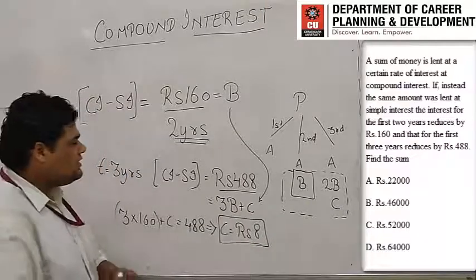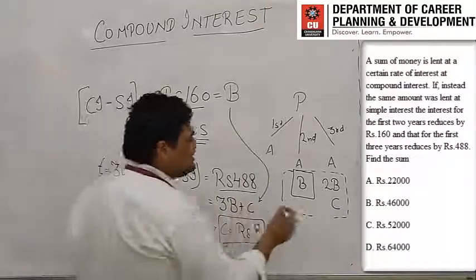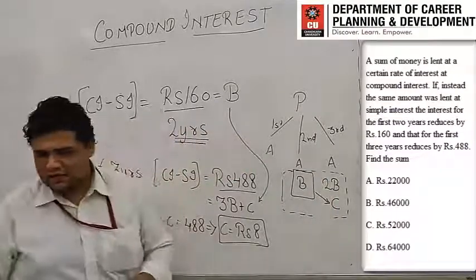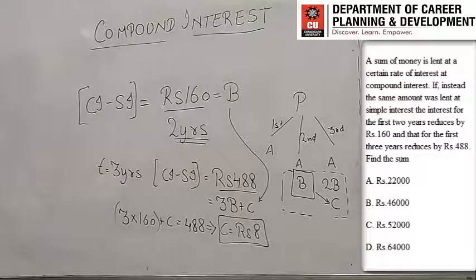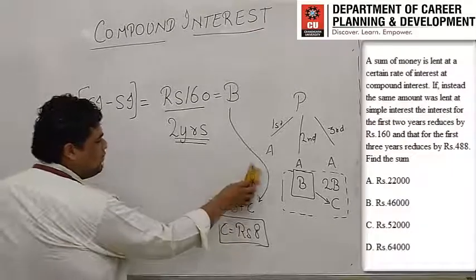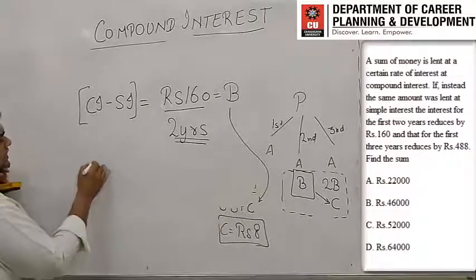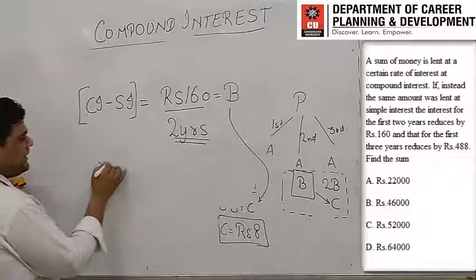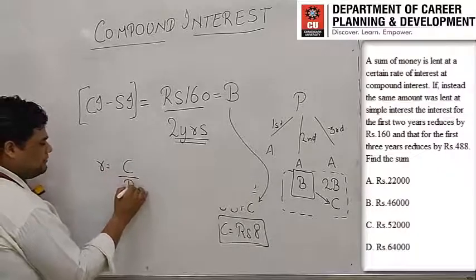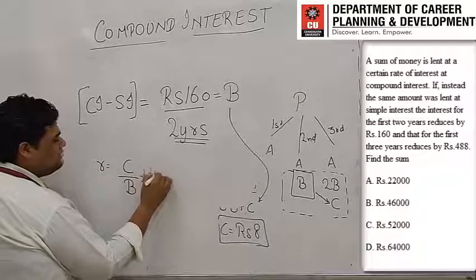And C is the interest applied on B. Now we use this value of C to find the rate. Rate will be C, that is interest on B, multiplied by 100.